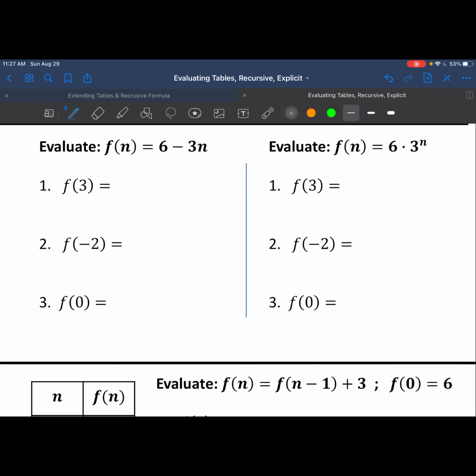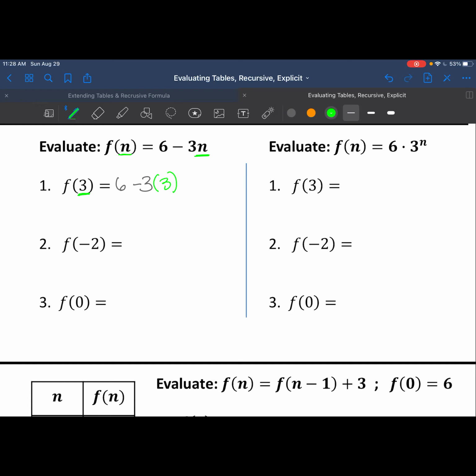So, evaluate f of n equals 6 minus 3n. So here's an n, here's an n. We will replace them with the same number. So we have f of 3 equals, well, 6 minus 3, and then we'll replace this n in the back with times 3.